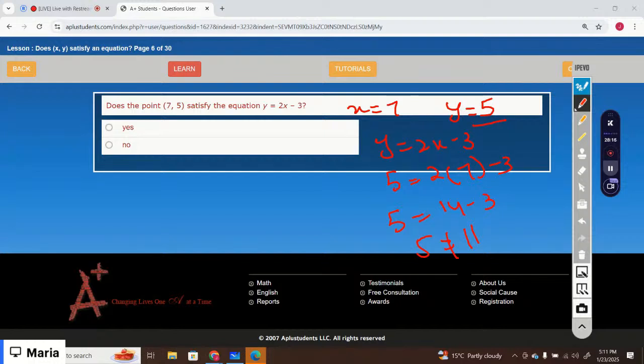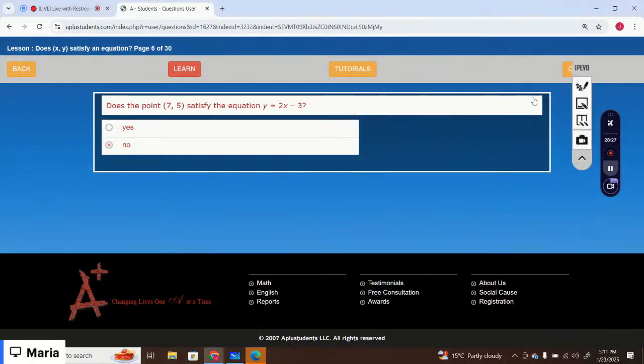So the correct option is no. The point (7, 5) does not satisfy the equation. Okay, you can complete the lesson by yourself later today. Let me just move on to the next lesson.